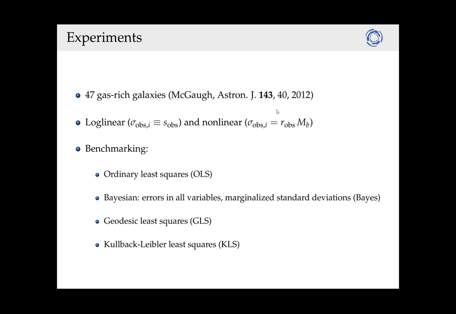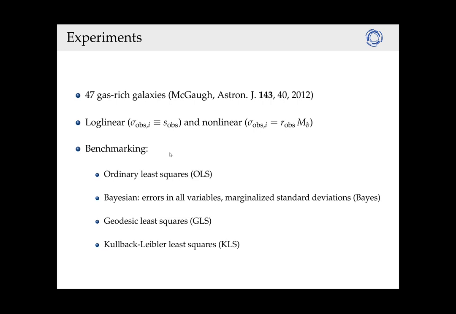And if you look at the data, this is quite sensible, just as we did in the example on ELMs, to assume that the standard deviation is proportional to the measurements of the response variable. And then we're going to do the regression analysis on the log linear scale and the nonlinear scale, with several methods.